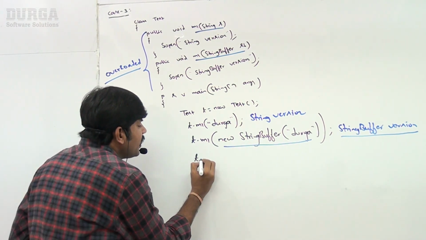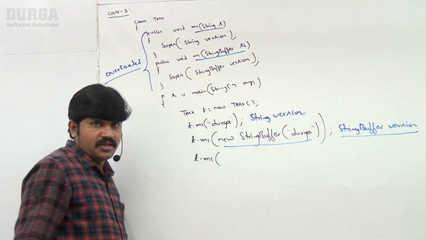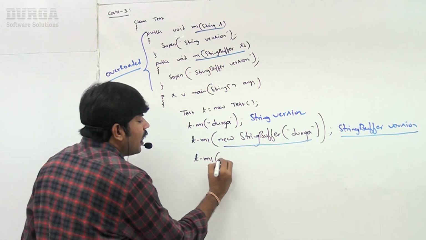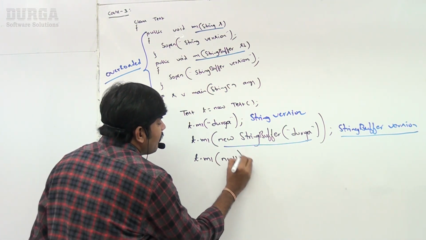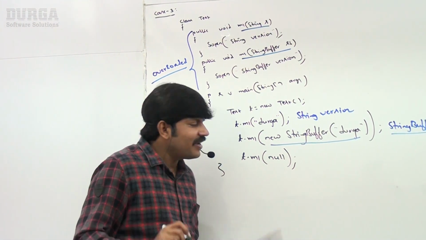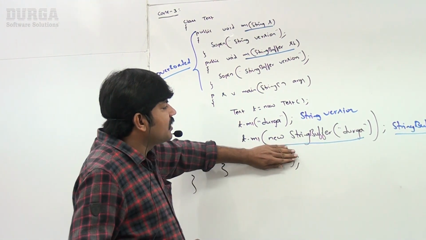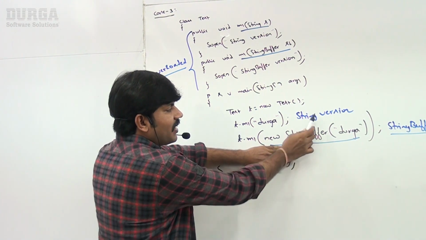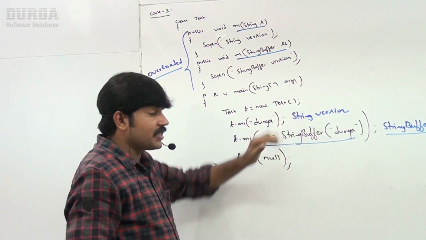Now I'm going to pass a null value, but up to this point, let me show the cases except the null argument, to see whether the exact match gets the chance.